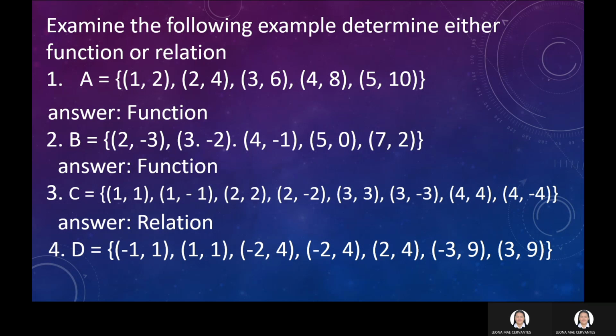we have (-1, 1), (1, 1), (-2, 4), (2, 4), (-3, 9), (3, 9). The domains, or x coordinates, are -1, 1, -2, 2, -3, and 3.